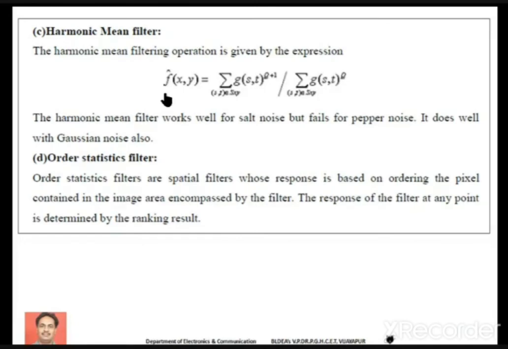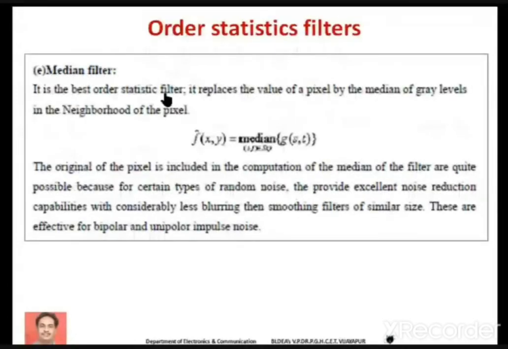Again, these order statistic filters we have discussed in the second module. If you recall, we call them nonlinear filters. The nonlinear filters can also be referred to as order statistic filters. We'll discuss these one by one. The first order statistic filter is the median filter.